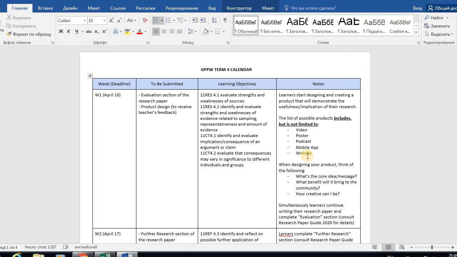You can go and find it there, and you can help yourself to see how the evaluation section is written. Right. So that's product design, and it should be completed before April 10th and sent to me to get feedback.